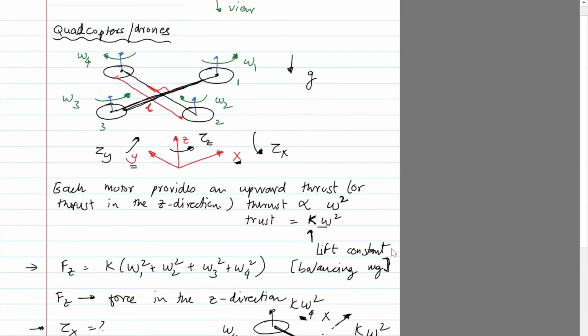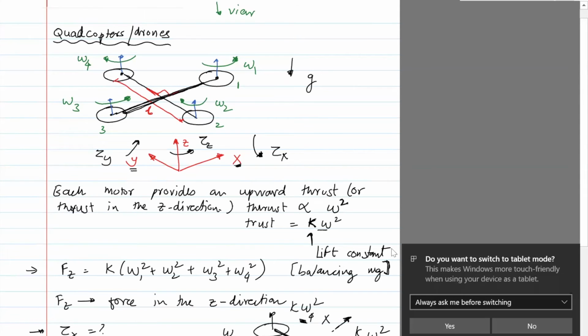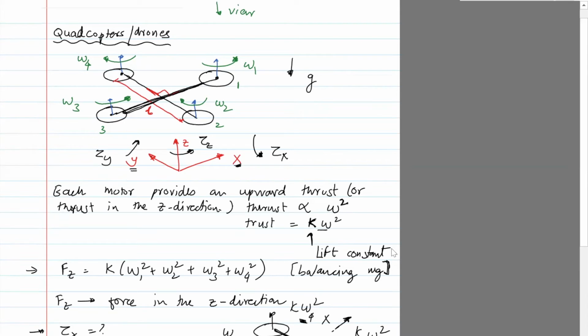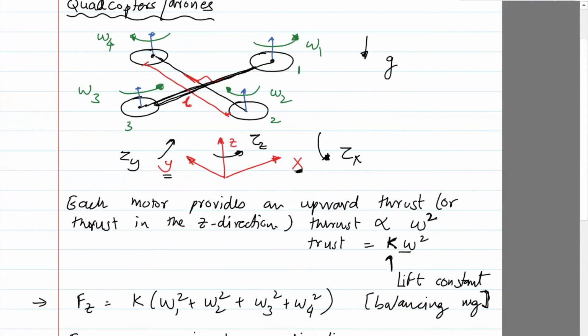Last time I talked about quadcopters and essentially didn't do derivations, but I showed you the thinking behind arranging the motors on a quadcopter. There are essentially 4 motors, as you can see in this picture. 2 of them are spinning clockwise when viewed from top, omega 2 and omega 4, and 2 of them counterclockwise, omega 1 and omega 3.